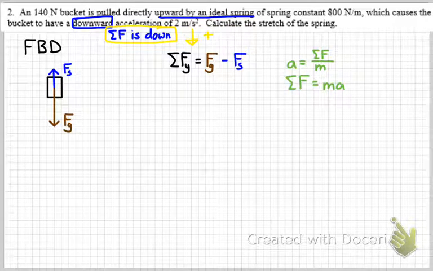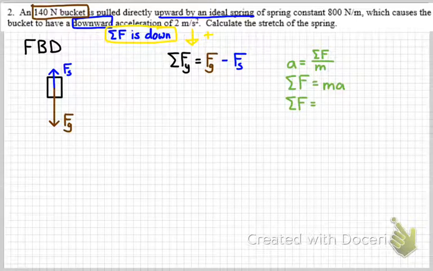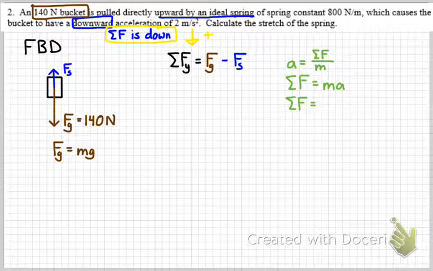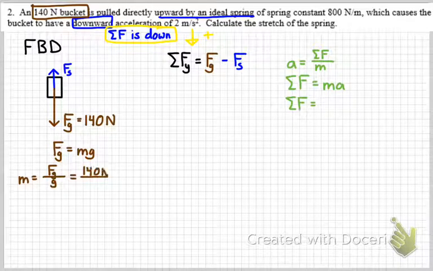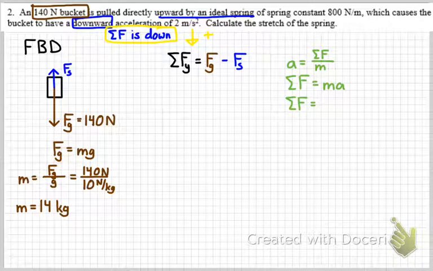The problem is I don't know what the mass is right now, but since I have the weight of the bucket, newtons is a measure of force, so the 140 newtons is telling me the force of gravity, or the weight. Then I could take the equation for the force of gravity, just m times g, and I can solve it for m. Just divide the 140 newton weight of the bucket by 10 newtons per kilogram, and that tells me that my bucket's got a mass of 14 kilograms.